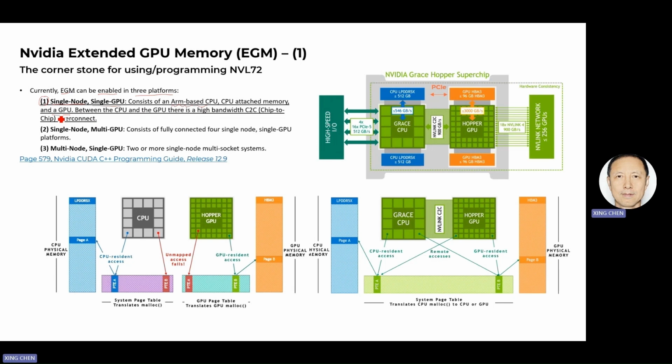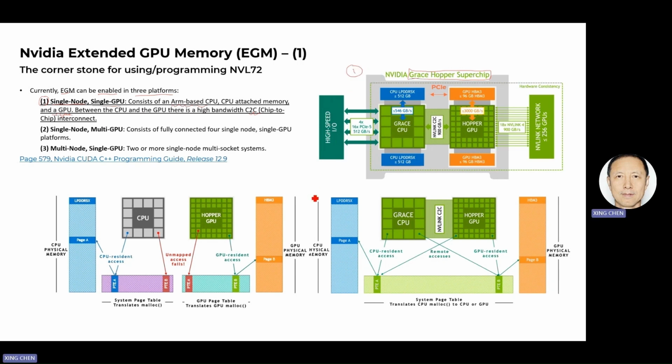You have to have a GPU, and between the CPU and the GPU there must be a C2C link. And what's that? That's a Grace Hopper superchip. That's a Grace Hopper superchip exactly. So this is the type 1 system.